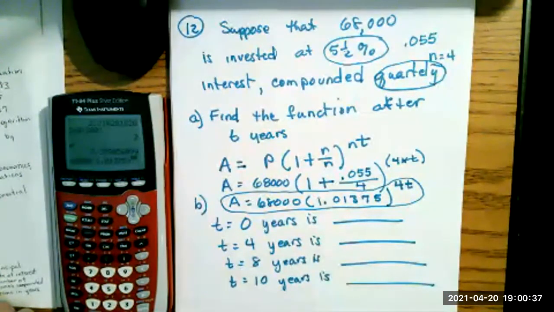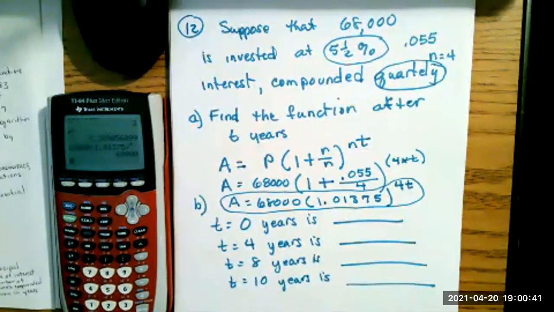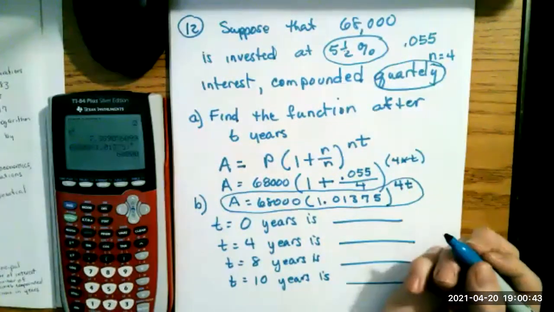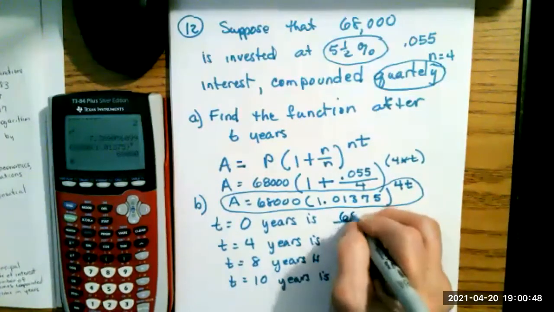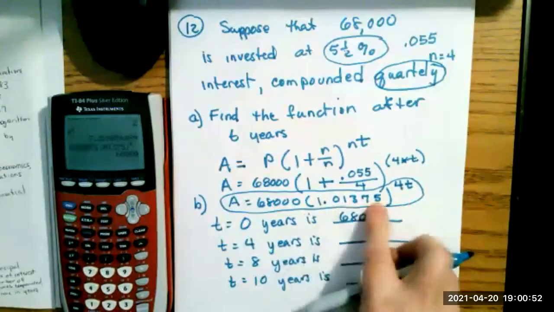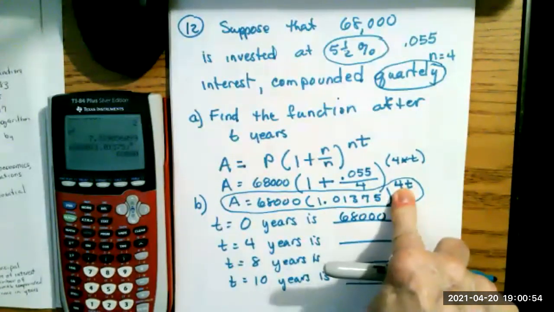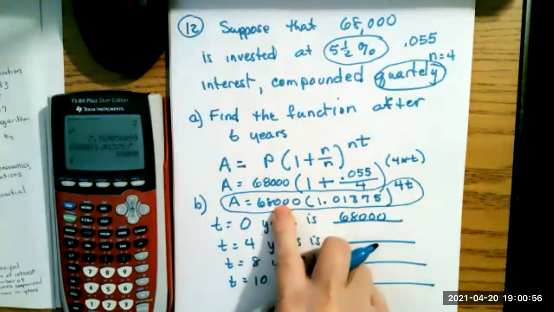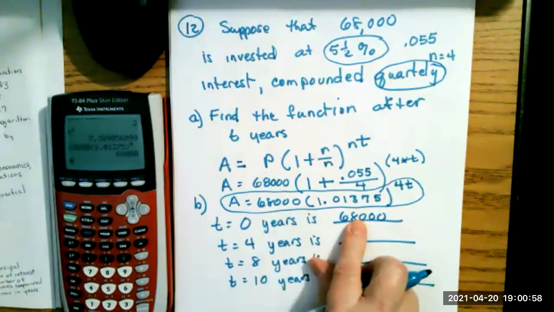So put a 0 in there and hit enter. What do you get? 68,000. Doesn't that make sense? Because this to the 0 power would be 1, and 1 times 68,000 would be 68,000.